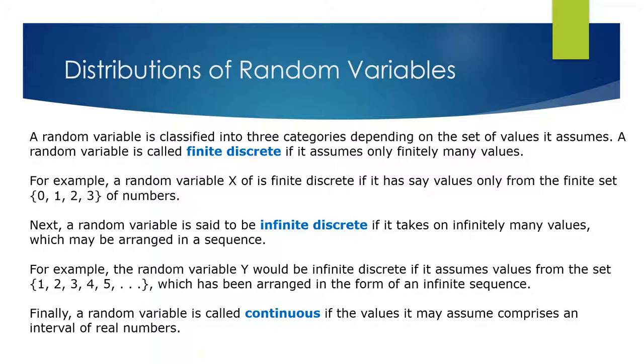If I'm looking for the number of times that this thing occurs, that's still a discrete variable. If I'm looking for the height of plants I'm growing, or the length of something's movement, or whatever it may be, where I have to measure it, that would be a continuous variable.